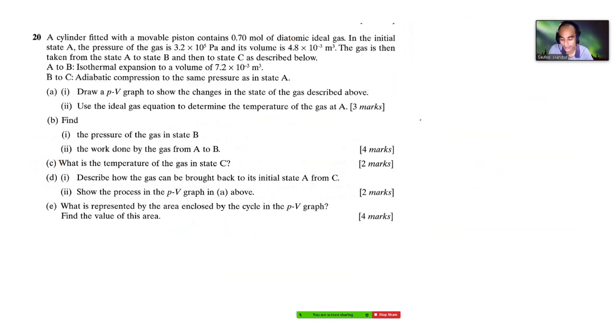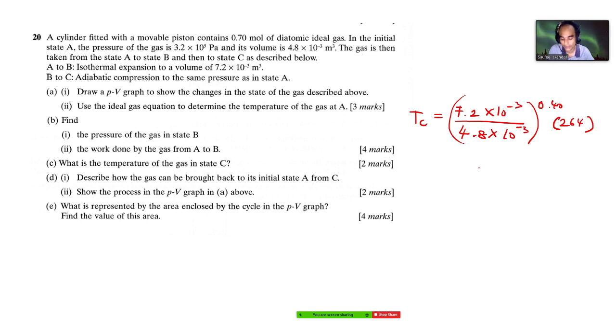Okay, I put up the next slide. So TC, the temperature at C, equals 7.2 times 10 power of negative 3 divided by the volume 4.8 times 10 power of negative 3, in the bracket to the power 0.40, because gamma minus 1 is 0.40, and times that with the temperature at B, that is 264 Kelvin, and you end up with 310 Kelvin.